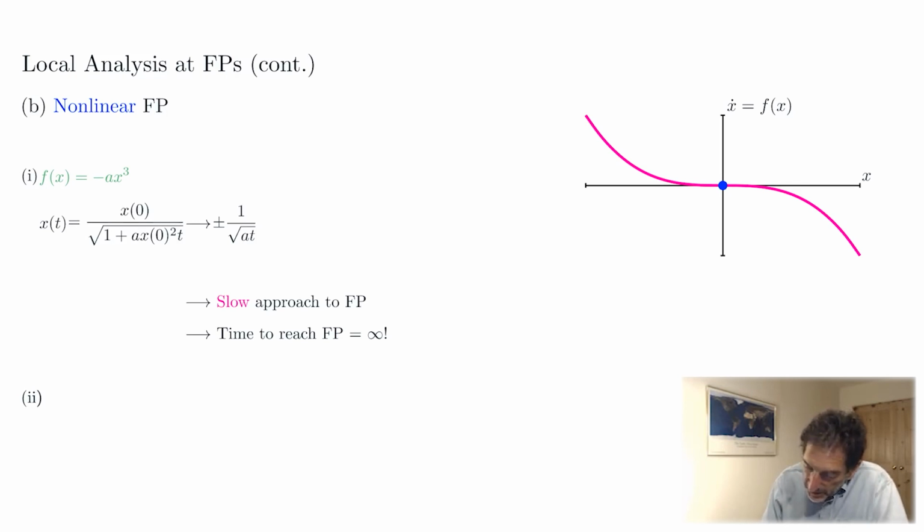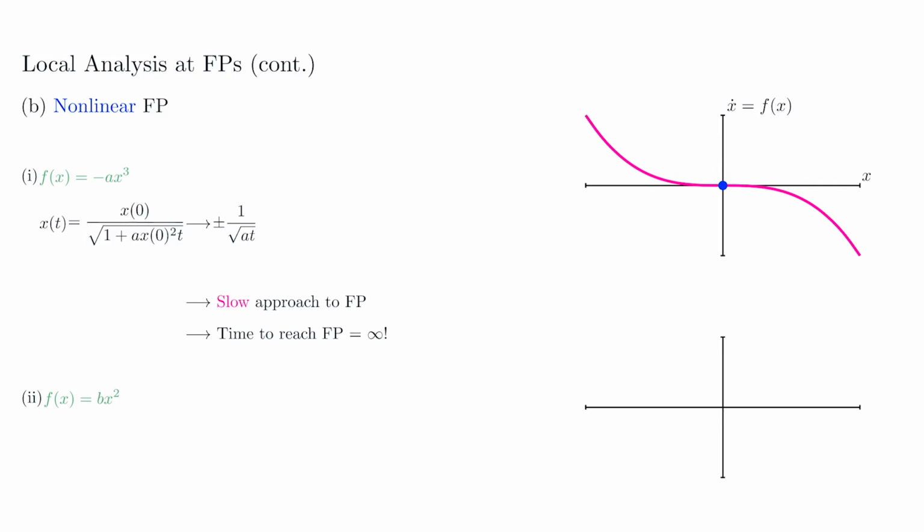Now, the other type of example that we could think about is, instead of nonlinear fixed points, nonlinear marginal points. For example, f(x) = bx². And while quantitatively there are differences, the qualitative behavior in this case is similar. If we start with a value x which is negative, then we're going to be drawn towards a fixed point.